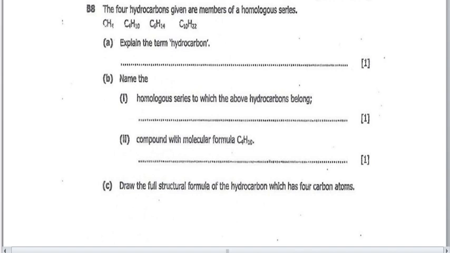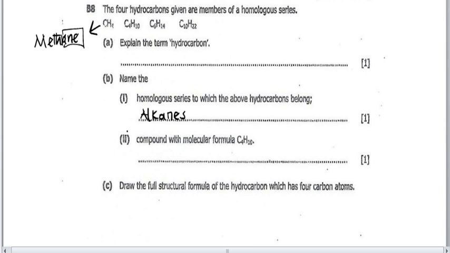So now let us look at them. Look at the first one. What is the name of the first one? Since it has one carbon, it is called methane. Now, since they end in ANE, the name of the homologous series is alkanes. So they fall under alkanes.